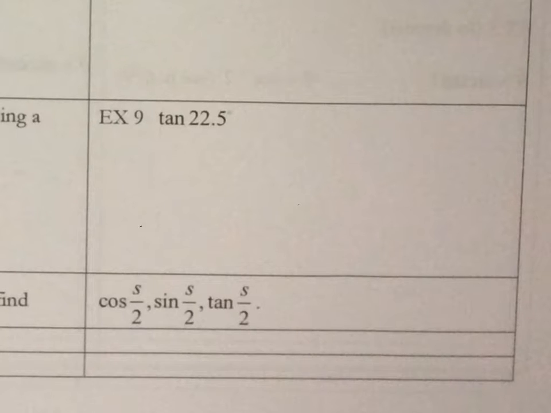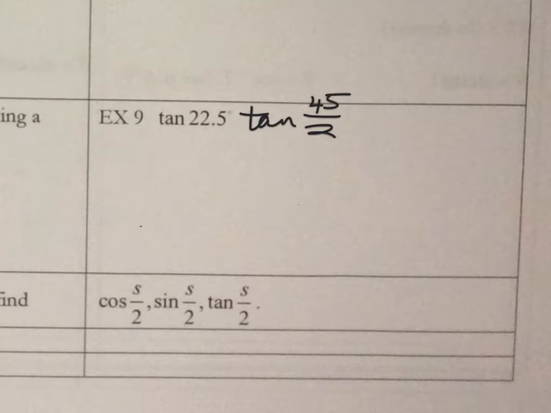So this next problem is going to get us into finding an exact value using a half angle identity for tangent. So we know that 22.5 is equal to 45 over 2.